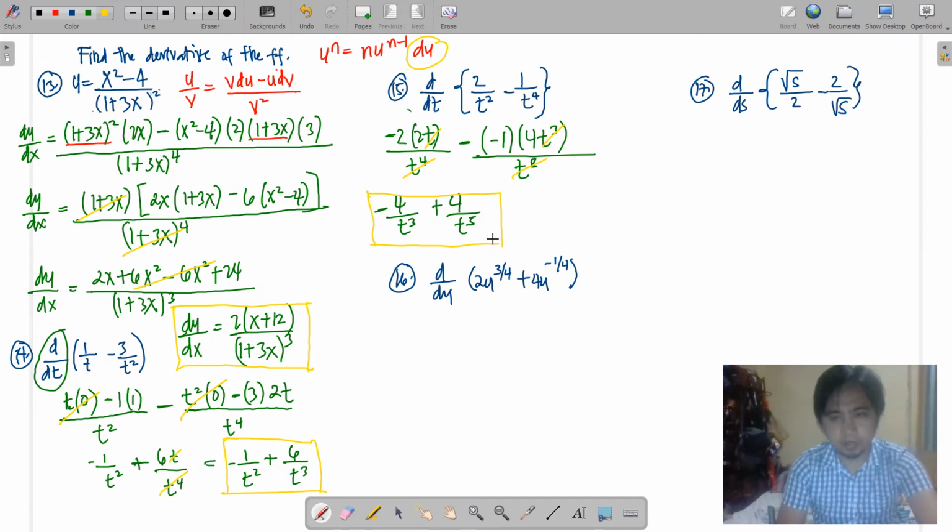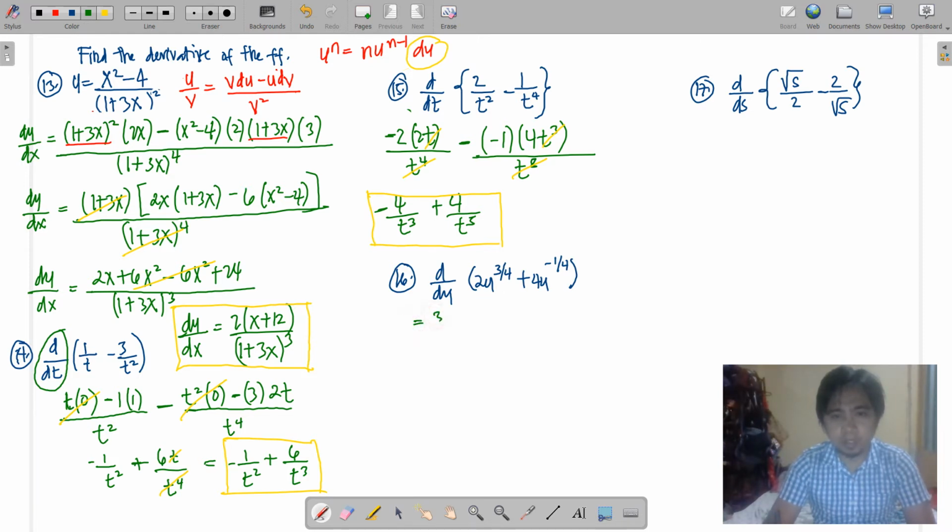Okay, so moving on to number 16. Again, we have a series of power formula in terms of algebraic sum here. We derive this in terms of y. So the first term is 2y raised to 4.